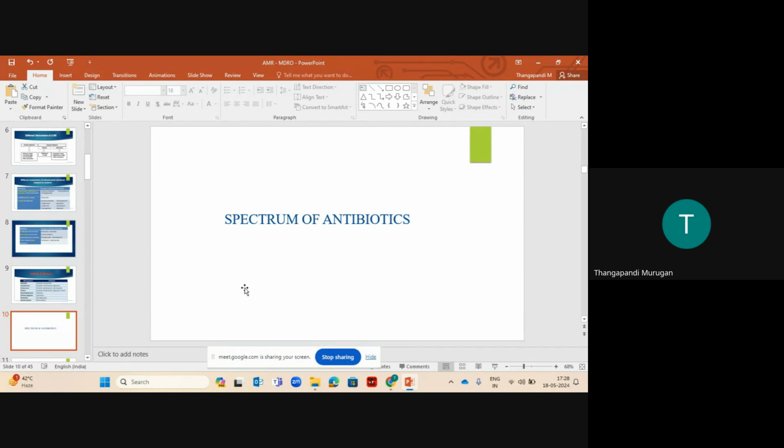Can any one of you tell me if we can use another antibiotic? I have listed 4 to 5 antibiotics for MRSA infection: linezolid, vancomycin, daptomycin, teicoplanin. Apart from these 4, can you name any other antibiotic we can use to treat MRSA infection? Any one of you from the audience?